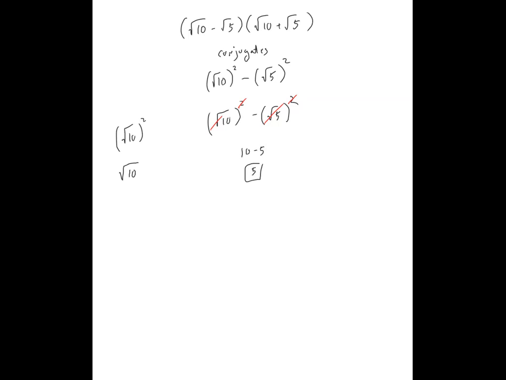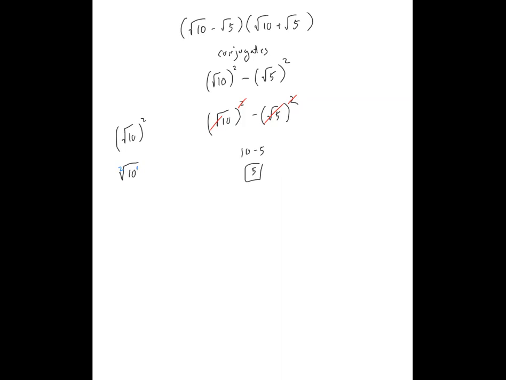Index not present means that the index is what? A 2. Very good. Index is 2. That 10 doesn't have a power, which really means that the 10 has a power of what? 1. Very good.